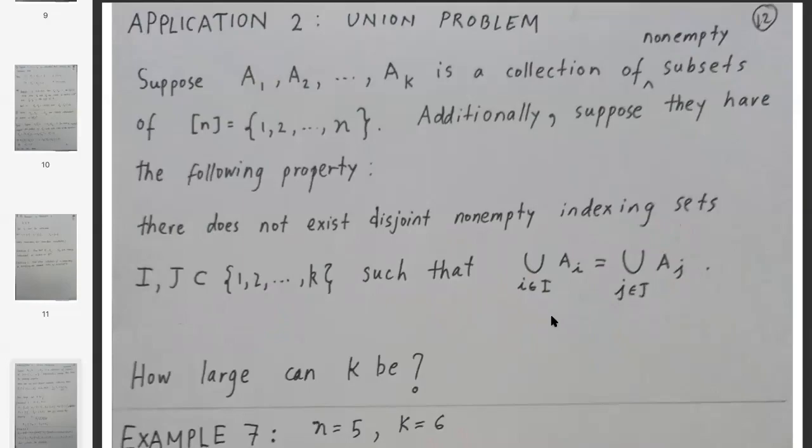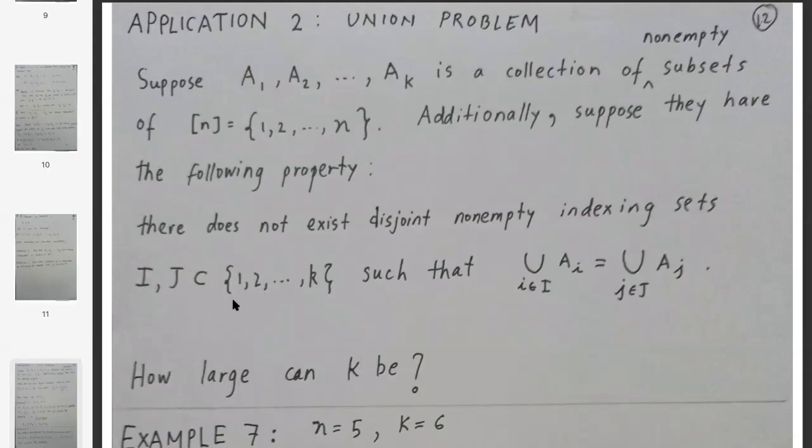In other words, this condition means that you cannot choose some number of sets among the Ai's, and then among the remaining choose some other subset, so that the unions are the same. So you cannot form two different groups, leaving out some, whose unions are the same.